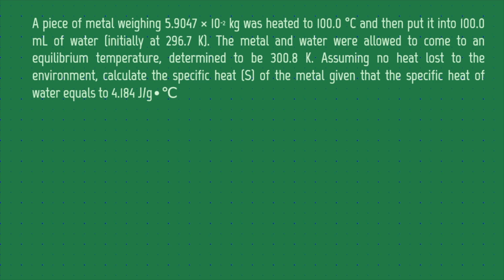The metal and water were allowed to come to an equilibrium temperature determined to be 300.8 Kelvin. Assuming no heat lost to the environment, calculate the specific heat of the metal, given that the specific heat of water is equivalent to 4.184 joule per gram per degree Celsius.